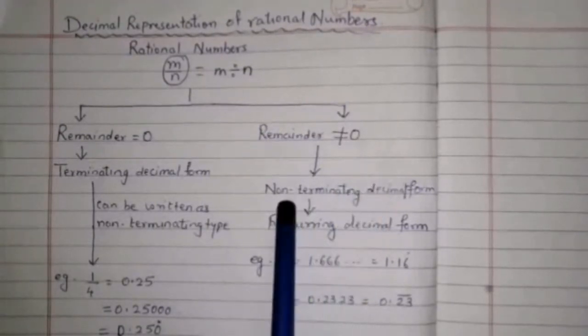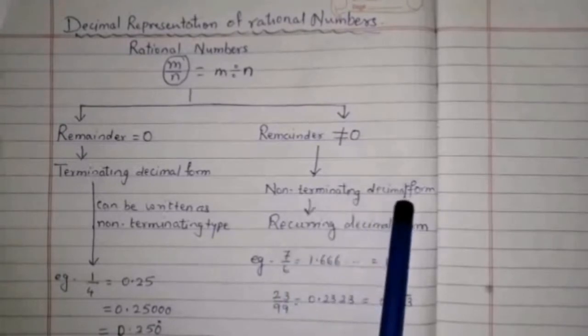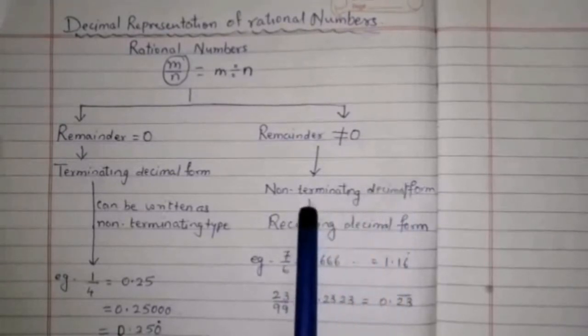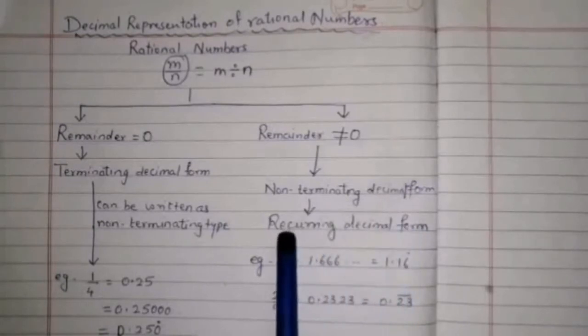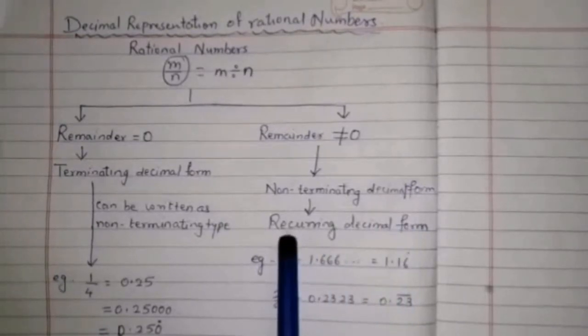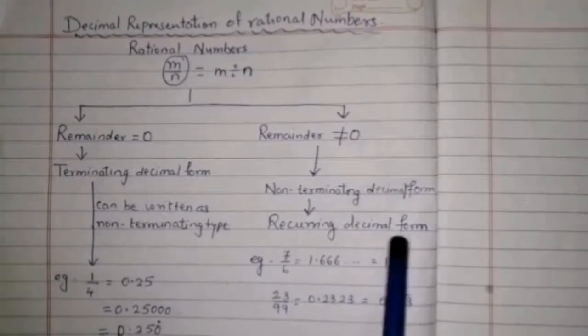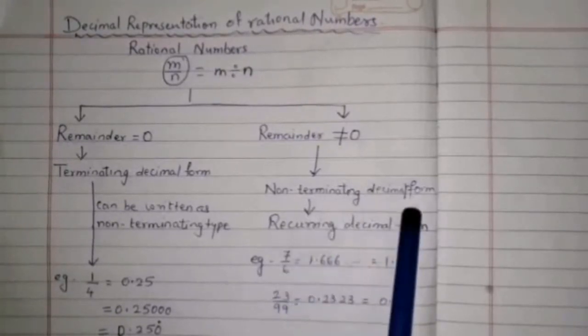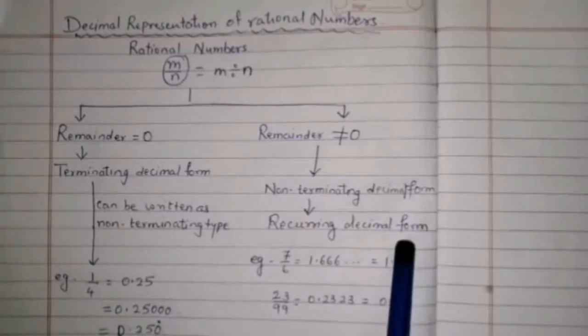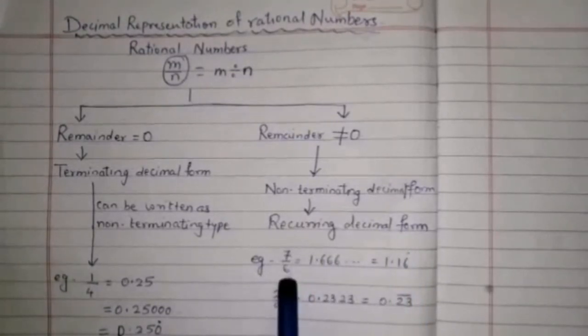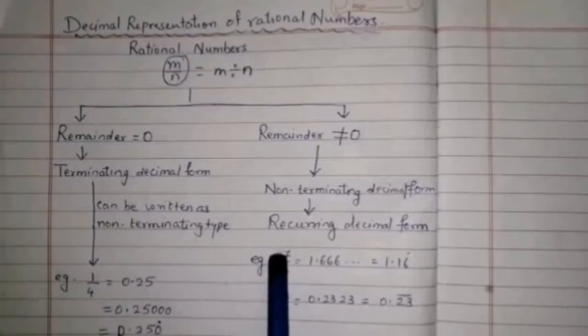Now first we will see non-terminating decimal form. If it is non-terminating, that means the remainder is not 0, such type of rational number is in recurring decimal form. Example, suppose 7 upon 6, means we divide 7 by 6, numerator 7, denominator 6.